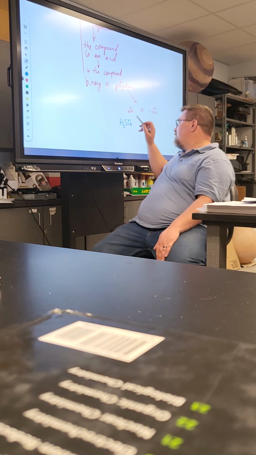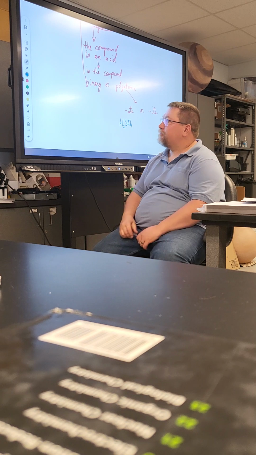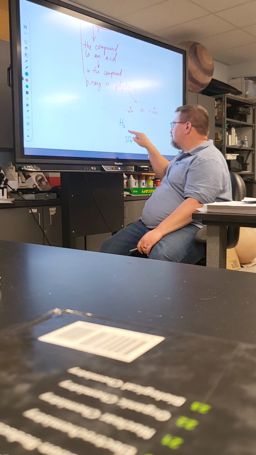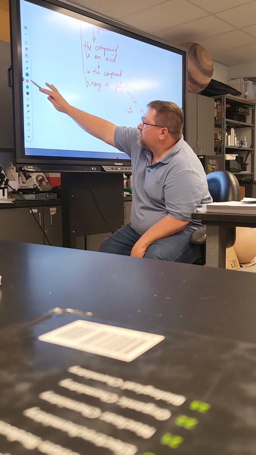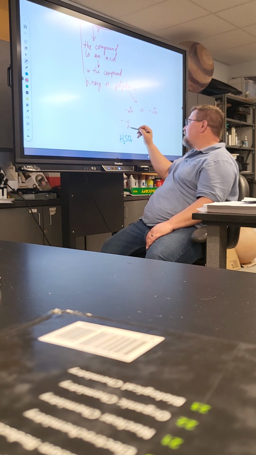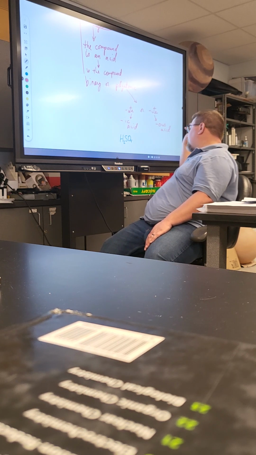But now, I still got ahead of myself. If it's an ate, we're going to make it an ic acid. If it's an ite, we're going to make it an ous acid, O-U-S.